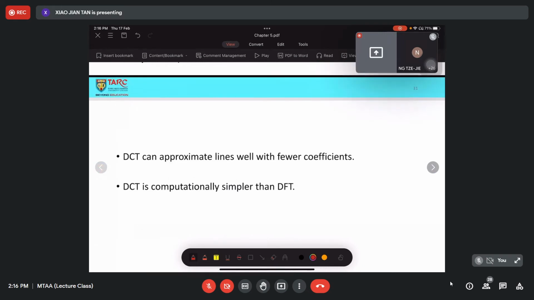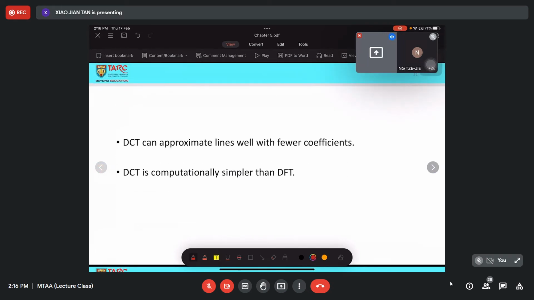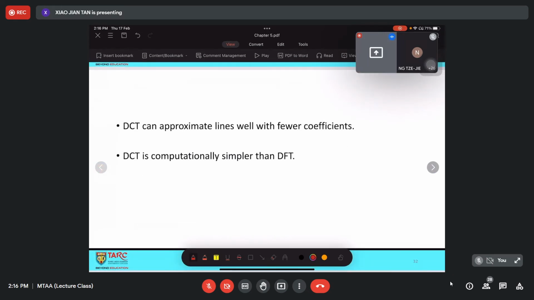So DCT can approximate lines well with fewer coefficients and is computationally simpler than DFT. So this is the advantage of DCT over the DFT, whereby it has fewer coefficients and is computationally simpler.